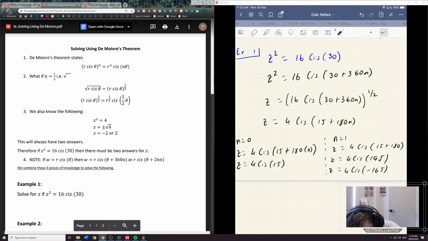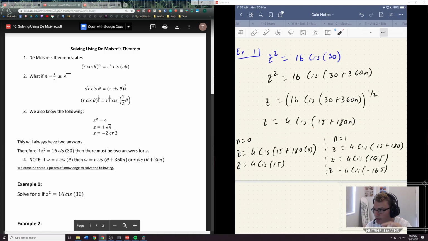We then use De Moivre's theorem, or we then basically undo this to the power of 2 by square rooting. And we use De Moivre's theorem where this square root happens to the 16, which gives us 4. But when it happens to this, it actually becomes a times by a half. So times by a half to 30 makes 15. Times by a half to 360 makes 180. So we've got z equals 4 cis 15 plus 180n.